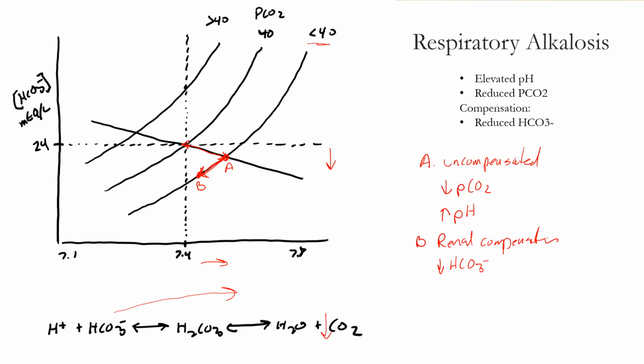We're going to get rid of that extra base, so we're going to excrete that. And we're going to increase our proton level, because we're going to reabsorb some of that proton. So now that's going to help us bring our pH back towards normal, to drop our pH again.